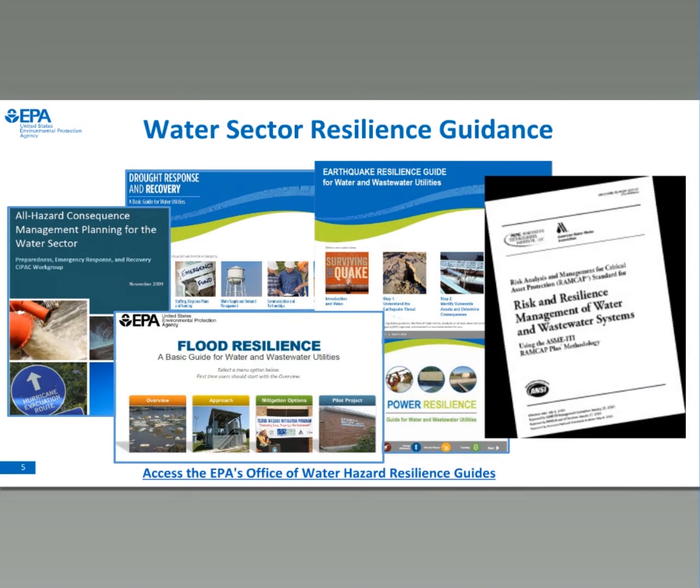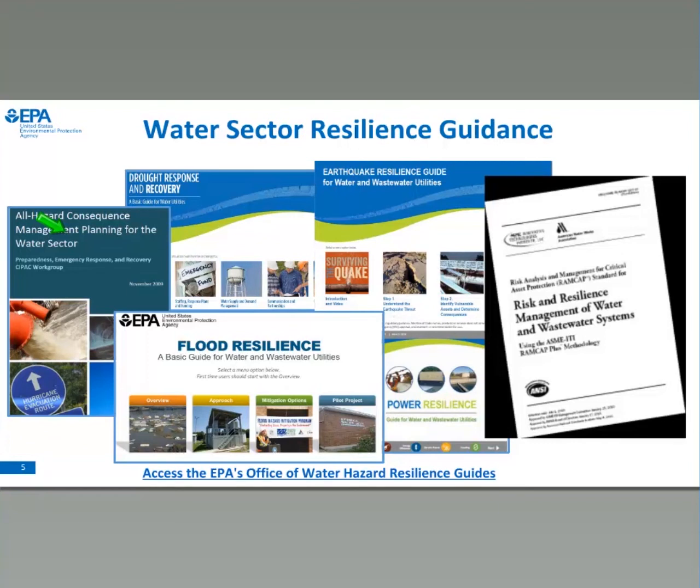While there are general water sector resiliency guidance available, and I've highlighted a few here, such as the SIPAC report, if you click on these different images in this slide, you're able to actually link to these resources, and then you can learn more about them there. The Office of Water also has some general resiliency guidance on how to repair and maybe respond to these events.